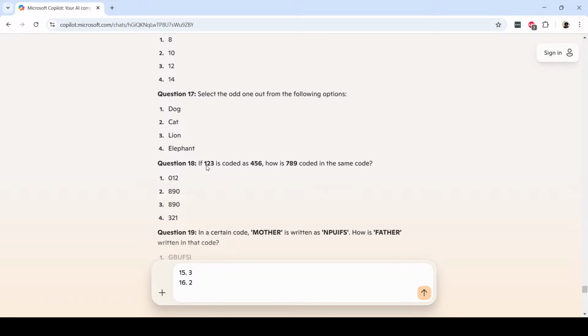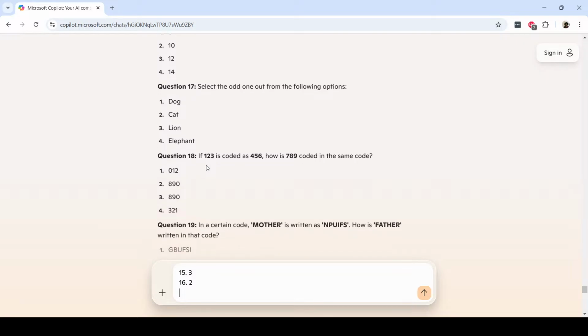Select the odd one out from the following options: dog, cat, lion, and elephant. Okay, dog, cat, lion, elephant. Lion.